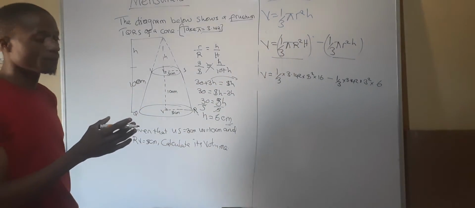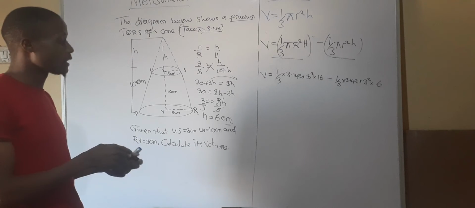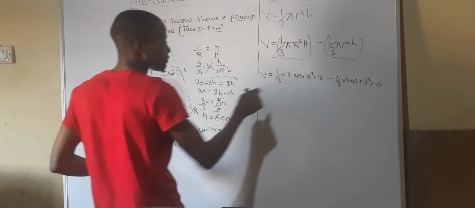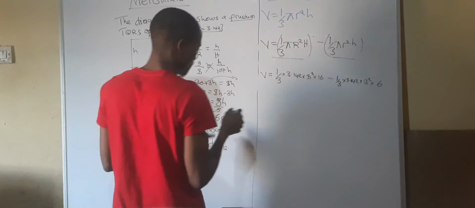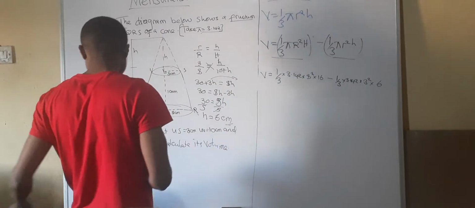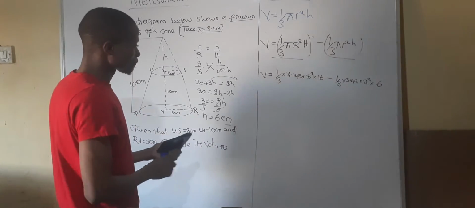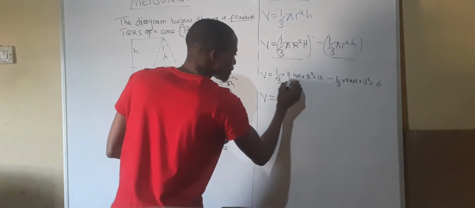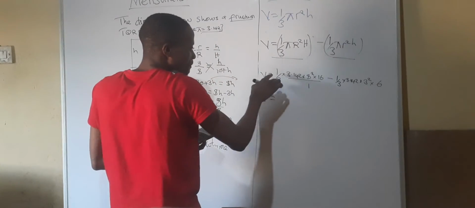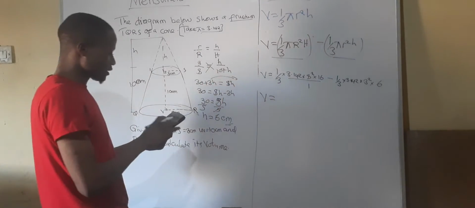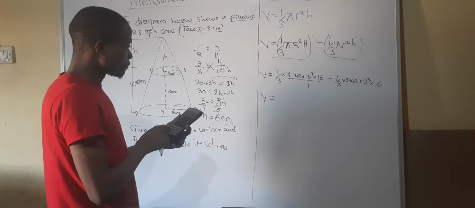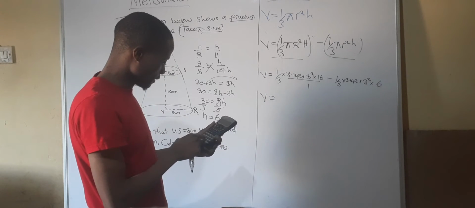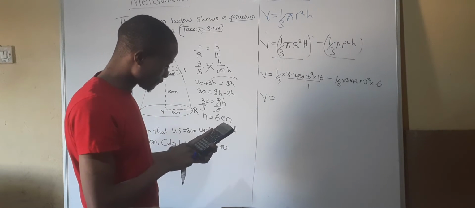Now when we do that, you start simplifying step by step to avoid problems. So you can simplify what you have on this side, so that you're going to divide by 3 later on. So we have volume is equal to, you can raise this as a fraction. So you multiply everything on top, which is 1 times 3.142, which gives you the same 3.142.